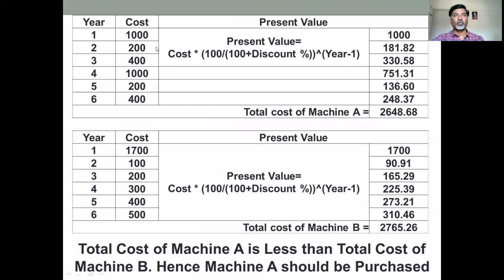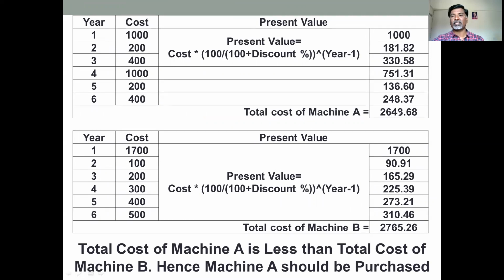Next, we have to calculate the average cost up to 6 years. The total cost of machine A is 2648 rupees, and for machine B it is 2765.